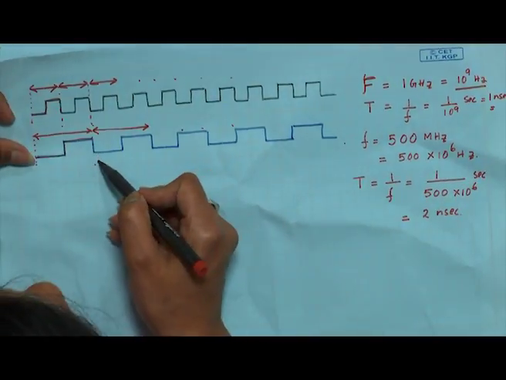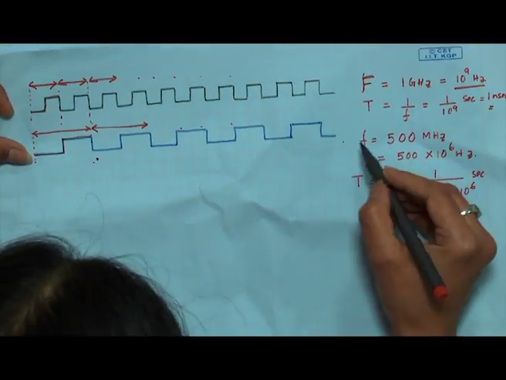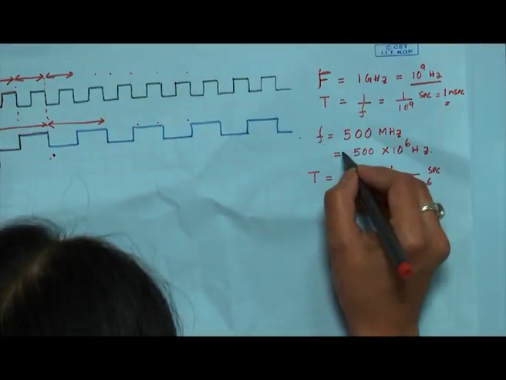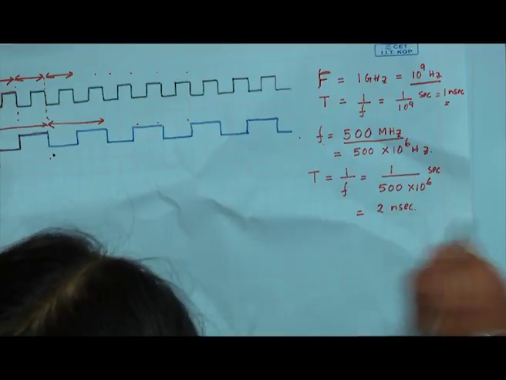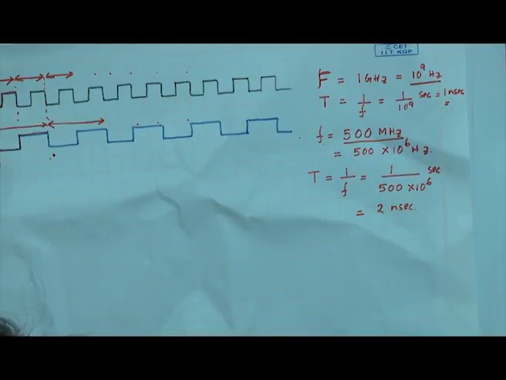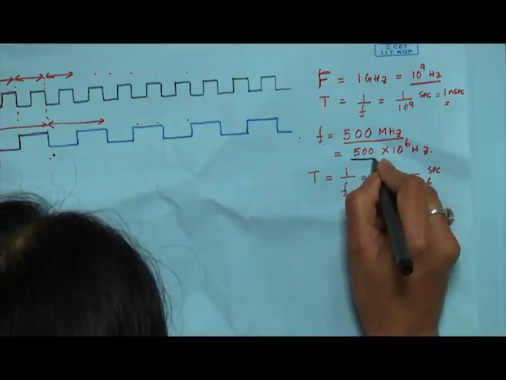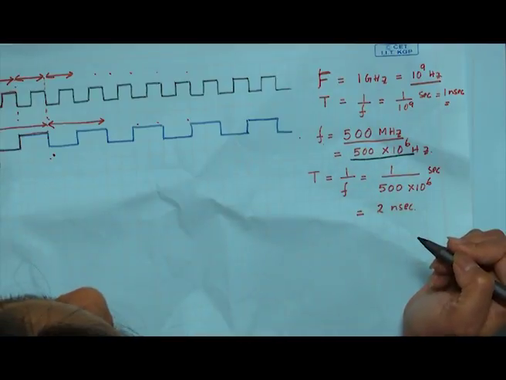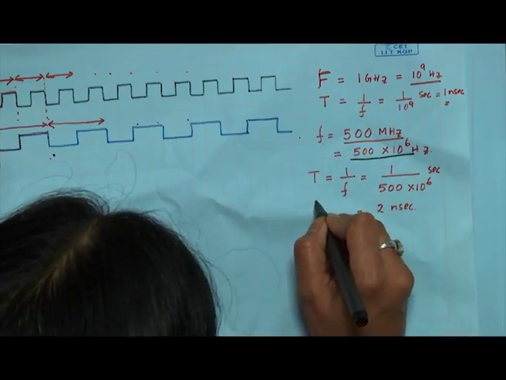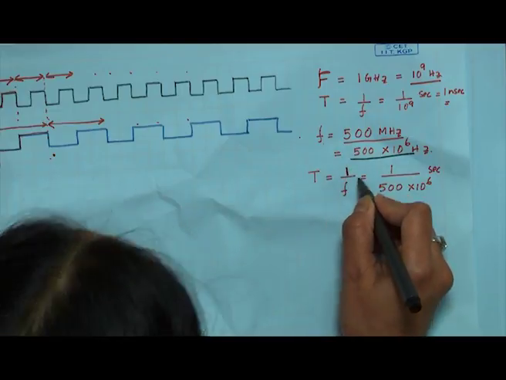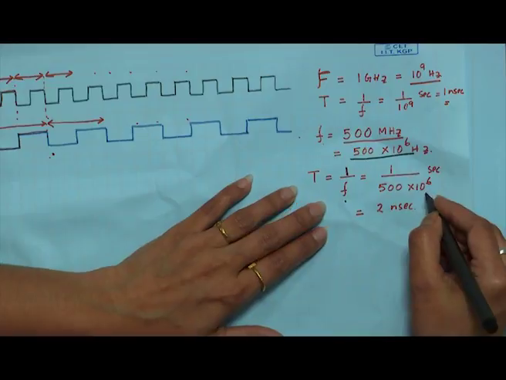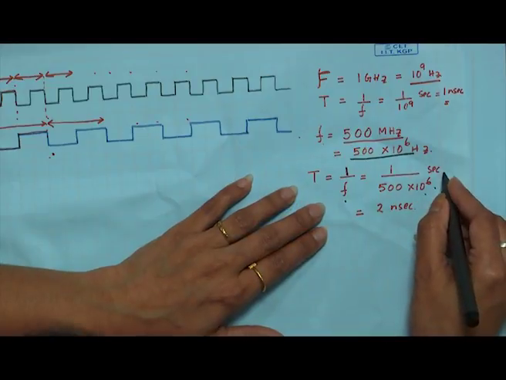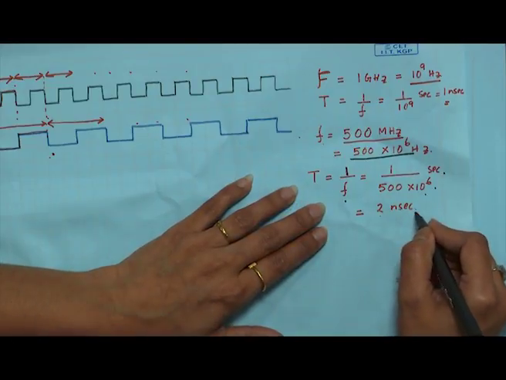Now, let us see about this particular clock. In this particular clock, the frequency is 500 megahertz. So, as it is 500 megahertz, f is 500 into 10 to the power 6 hertz. So, what will be the time period? That is t equals 1 by f. This will be 1 by 500 into 10 to the power 6 seconds, that is 2 nanoseconds.